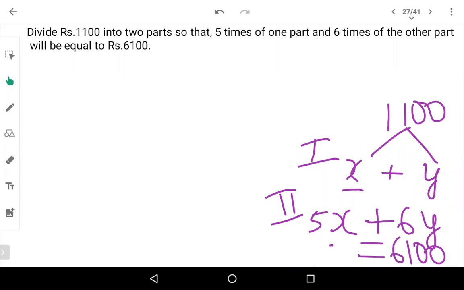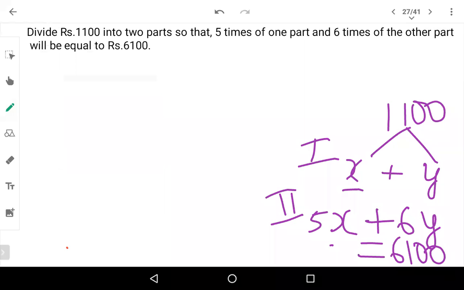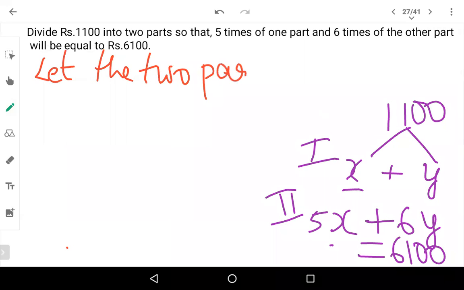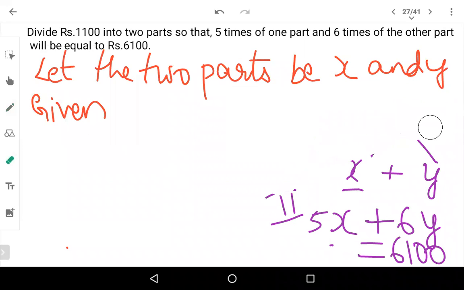So let us do the derivation. Let us derive a few of the values here. Very simple. Let the two parts be x and y.